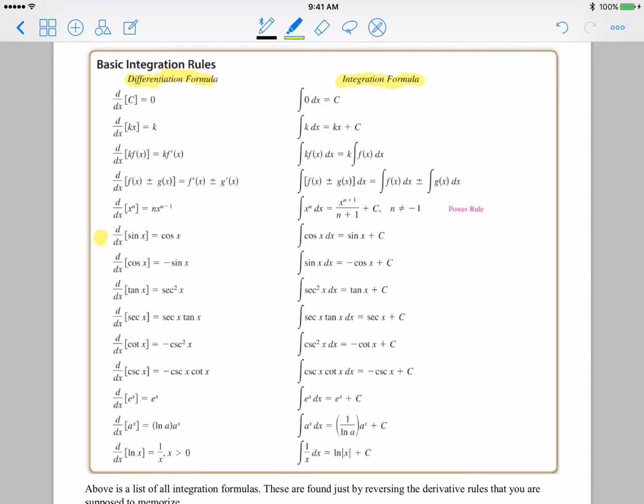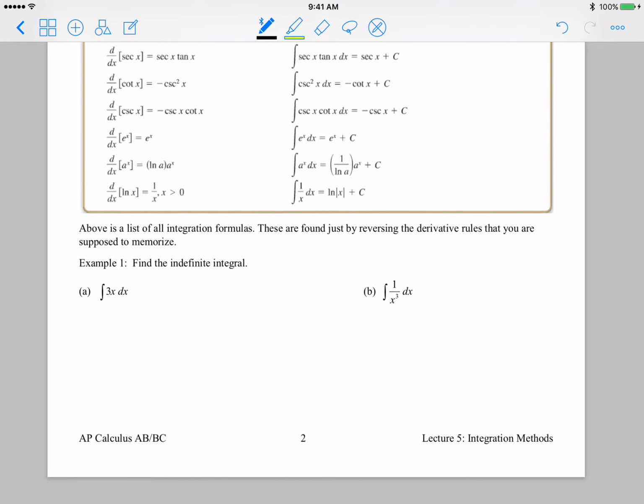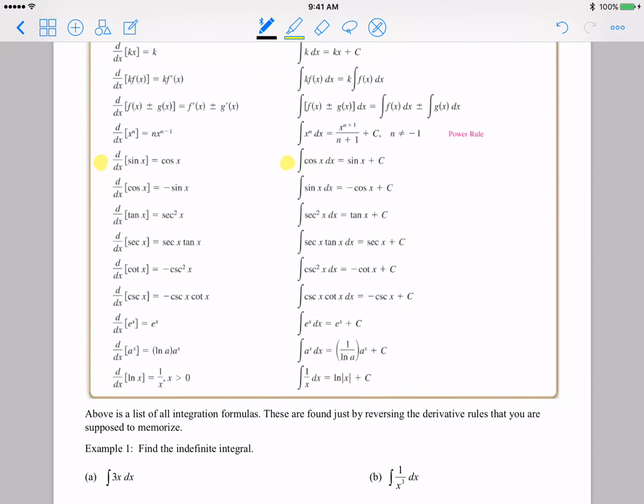The derivative of sine is cosine, which means that the antiderivative of cosine x dx is sine x plus some constant c. Please make sure that you don't forget about this plus c whenever you're taking an indefinite integral. Make sure that you have all of those memorized. If you have the derivative rules memorized, then it shouldn't be real hard to get the integration rules memorized as well.